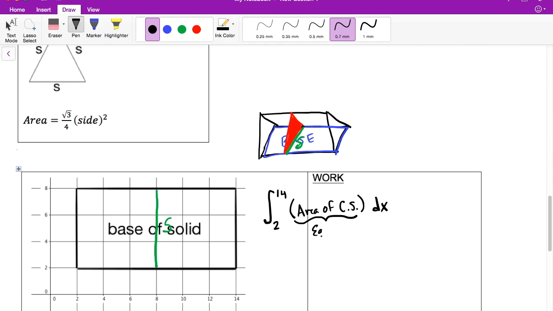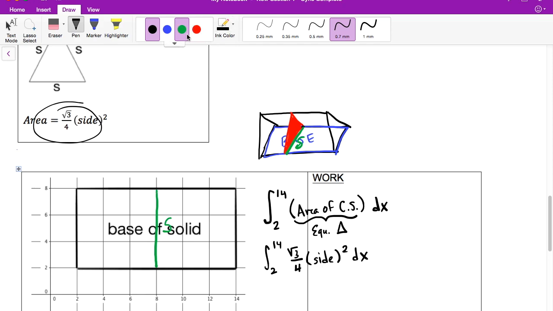And since we know the shape of the cross sections is an equilateral triangle, we actually have a formula for the area, which you see right here. So we can fill that in. So it's the integral from 2 to 14 of root 3 over 4 times the side length squared dx.